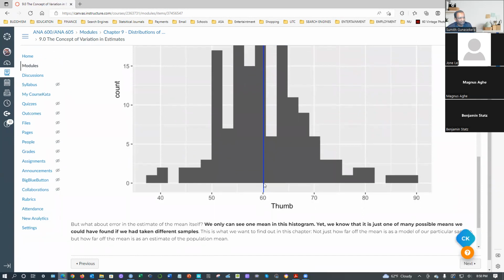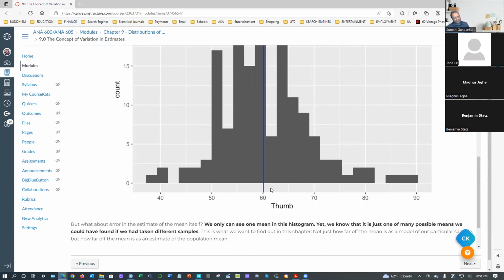But we don't have any discussion yet of how this mean is going to vary. That's what I'm targeting now. Based on this particular sample, you calculated this mean. How about if you pick a different sample? Would that produce the same sample mean? No. There's a high probability they're going to differ from each other.